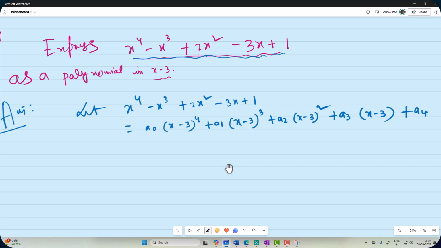This time, repeated application of synthetic division is required.